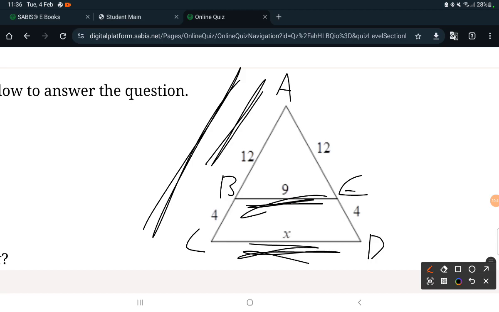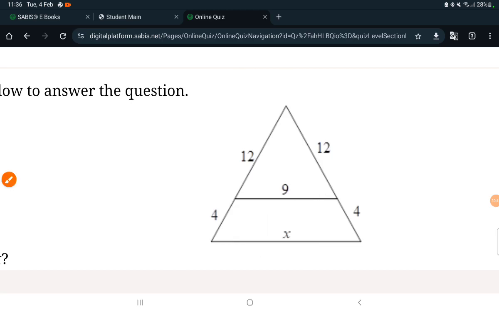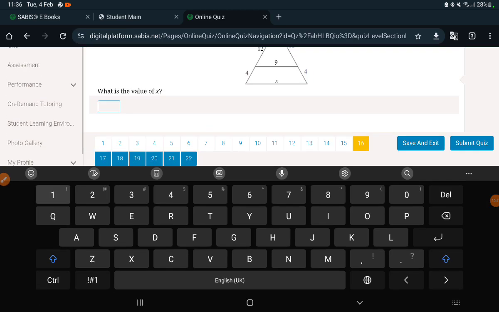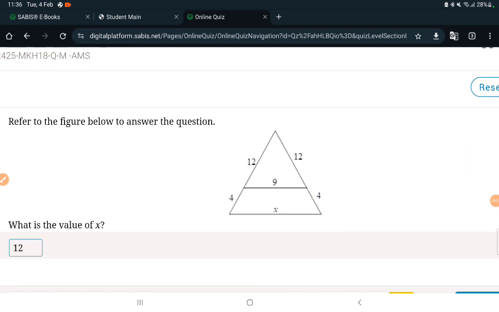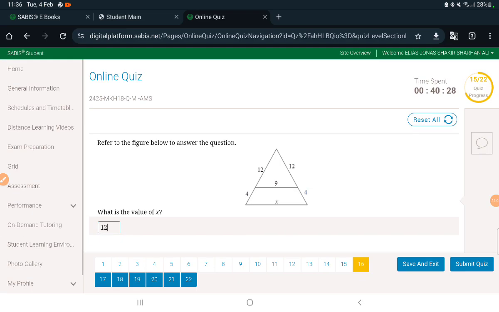This is basically just the SSS theorem. So as we said, what's the value of x? That is 12. Because we do 12 over 12 plus 4, so 12 over 16, and then we simplify as we did. That would be 3 over 4 equals 9 over x, and then we cross multiply.